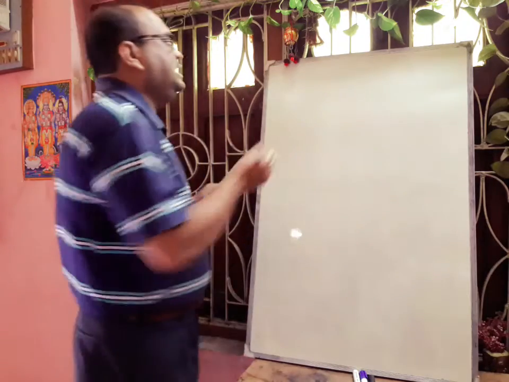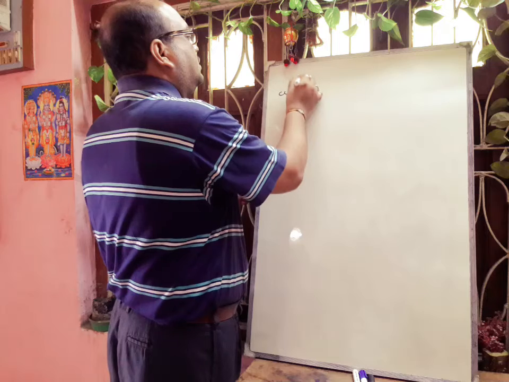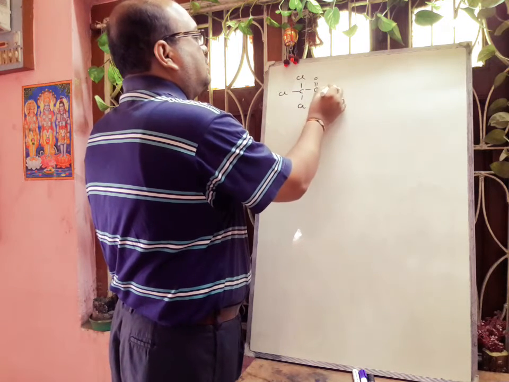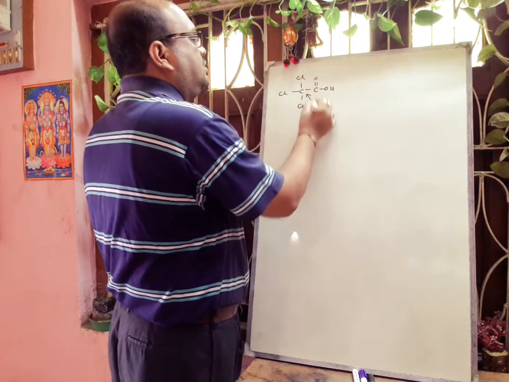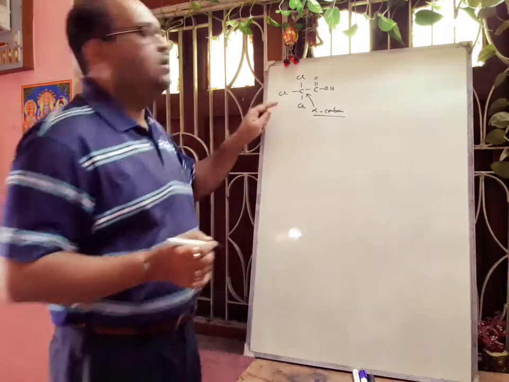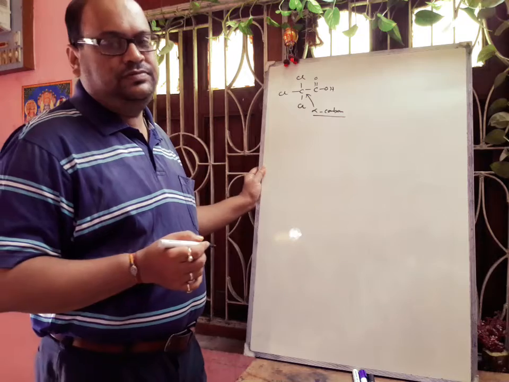So first I am writing the trichloroacetic acid. So this one is the alpha carbon. In the alpha carbon of acetic acid, 3 hydrogens are replaced by 3 chlorine groups.